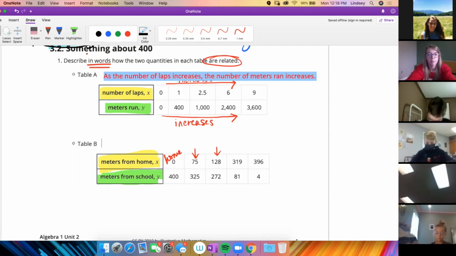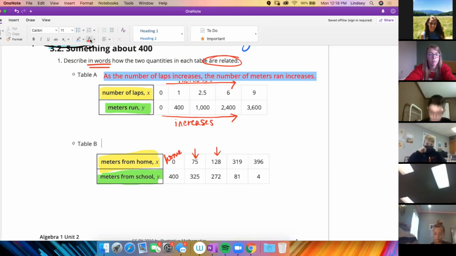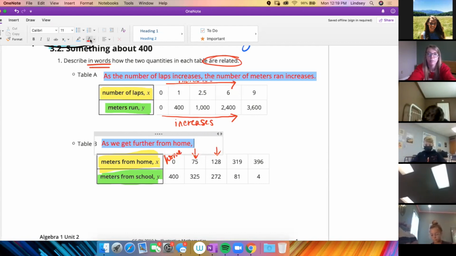As we get further from home, what happens? Where are we going? We're going to school. Okay, we are getting closer to the school.